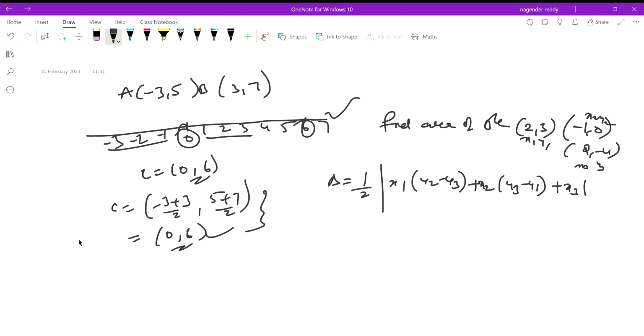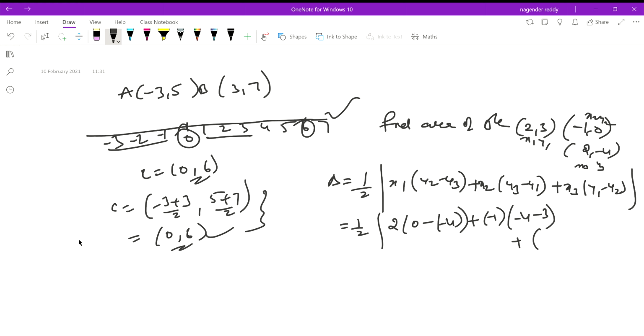plus x3 into (y1 minus y2). That equals 1 by 2, x1 value 2, 2 into (y2 minus y3): y2 is 0, 0 minus y3 means minus of -4, plus x2, x2 value is -1, into (y3 minus y1): y3 is -4, -4 minus 3 is -7, plus x3 is 2 into (y1 minus y2): 3 minus 0.